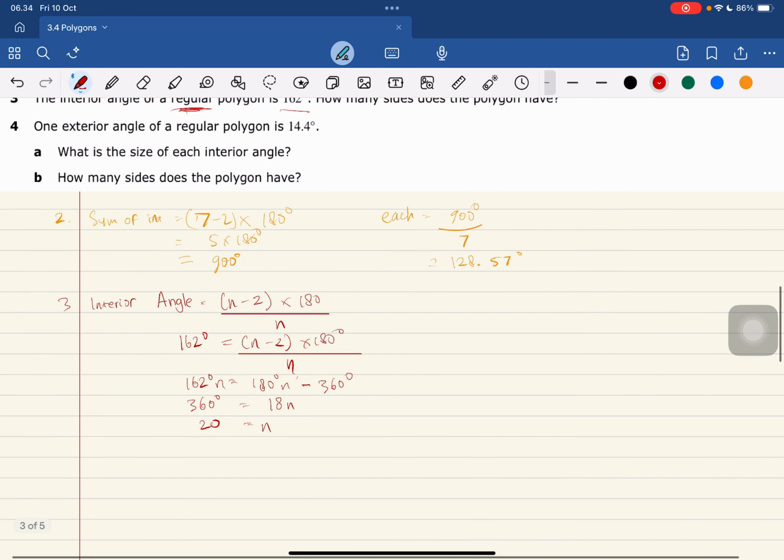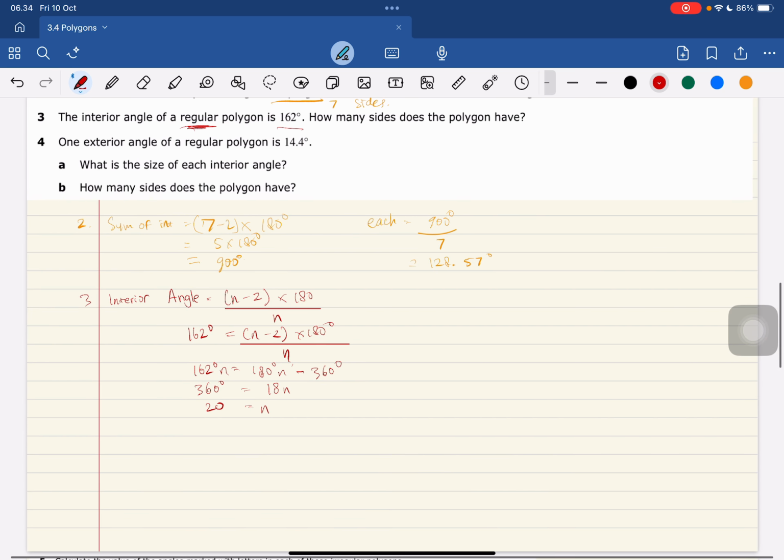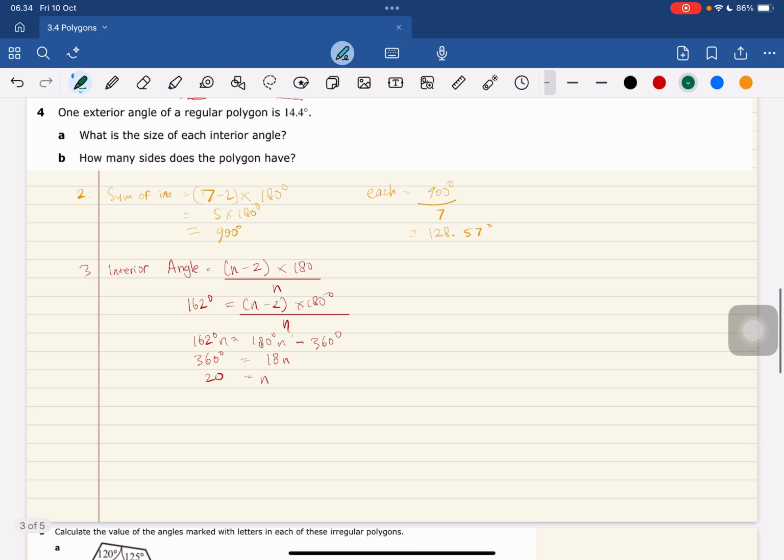Next, number 4. One exterior angle of a regular polygon is 14.4 degrees. For A, exterior plus interior equals 180 degrees. So the interior equals 180 degrees minus 14.4, which gives us the answer of 165.6 degrees.